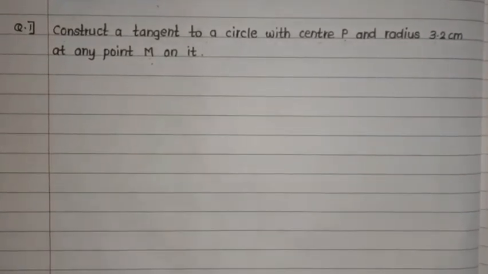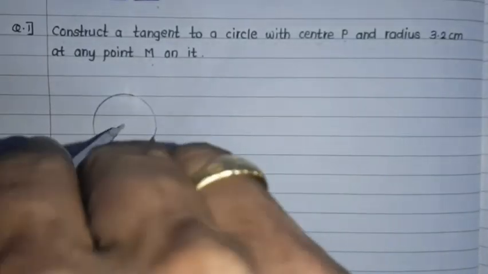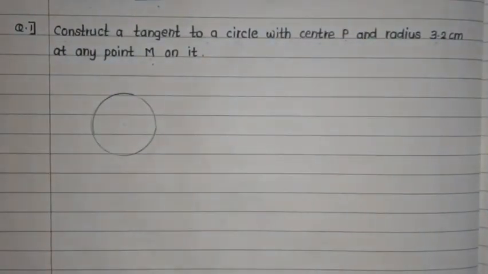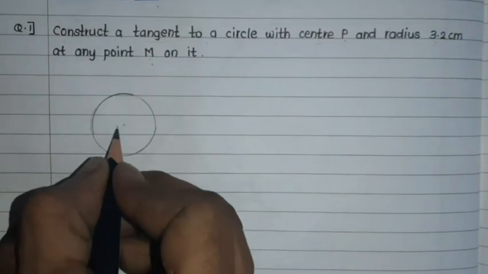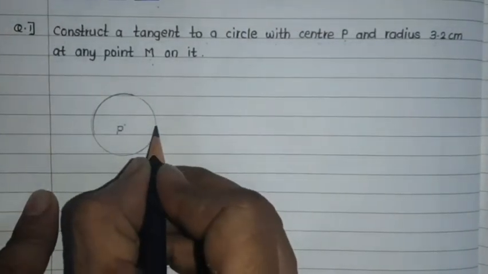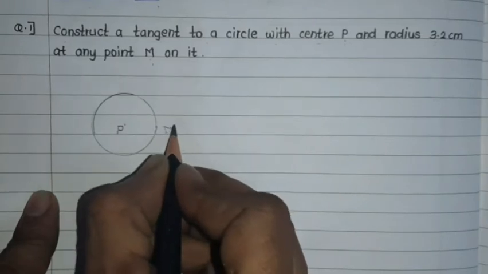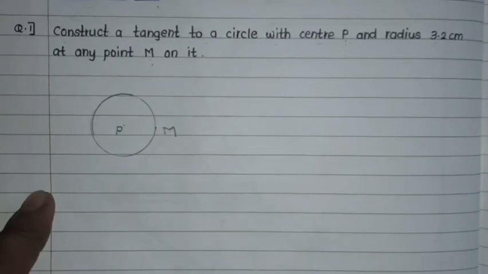For that purpose, we have to draw a circle like this. Any suitable distance we take as a radius, and then we draw a circle like this. On that circle there is a center P. P is the center of the circle. On that circle we take a point M, and passing through this point M we have to draw a tangent.